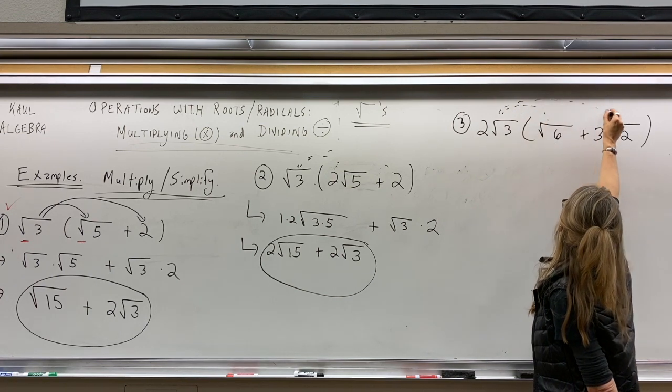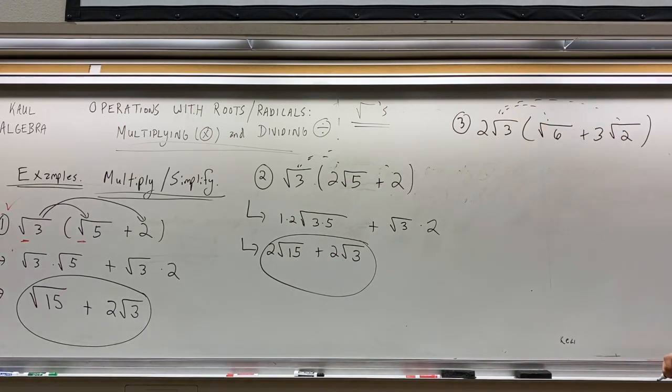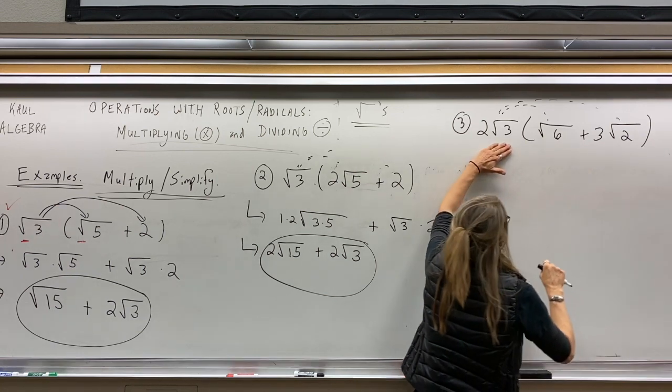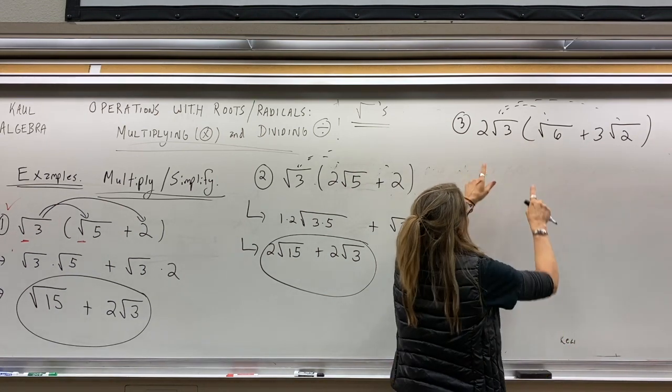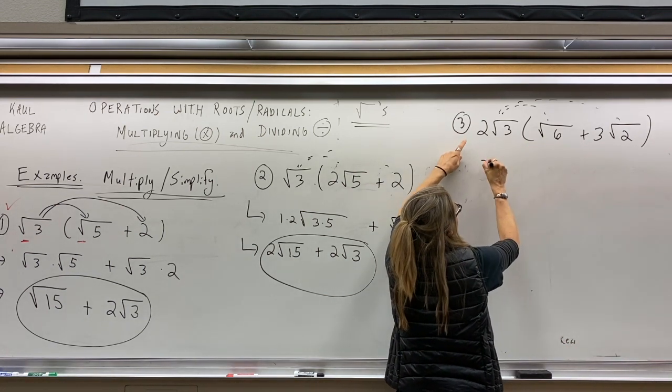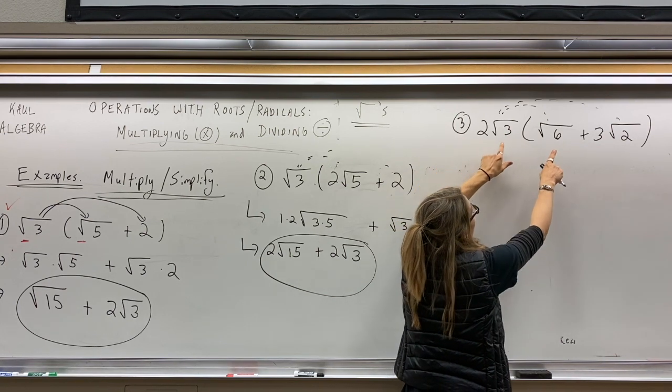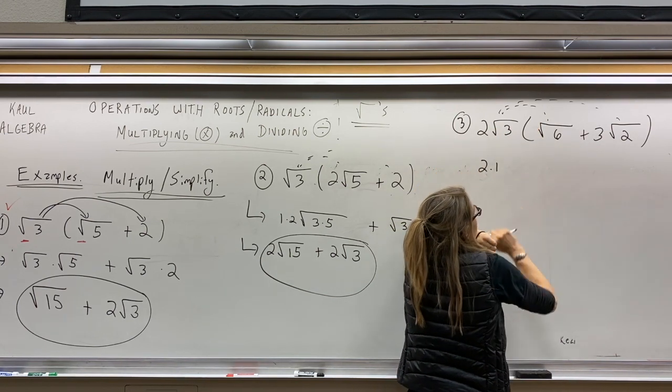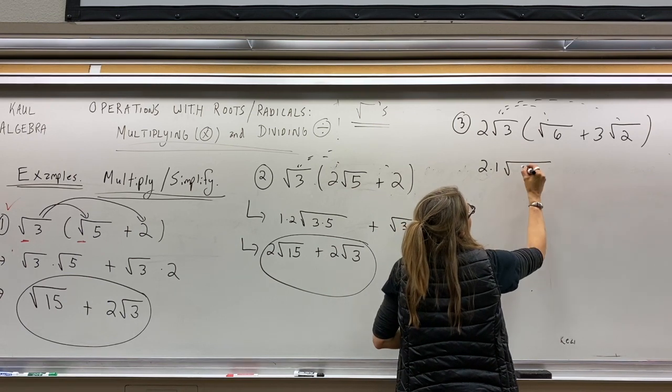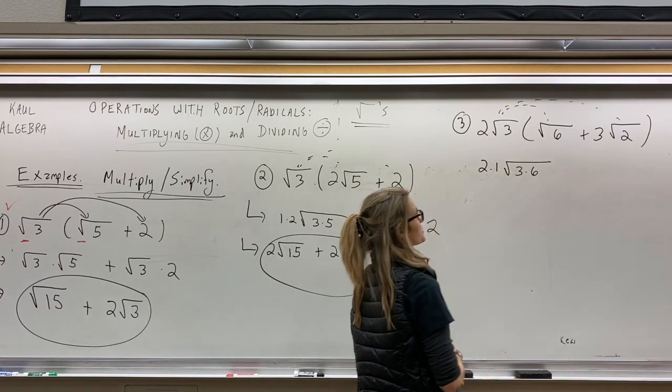Okay. So taking it step by step here. Now, this item times this item. I look at the coefficients and I multiply this. This becomes 2 times 1. I look at the radicals, they're the same types, and I multiply those. This becomes square root of 3 times 6 underneath the square root side.